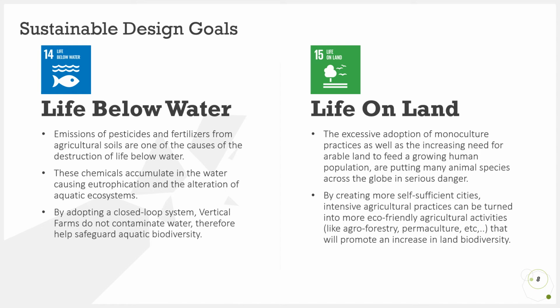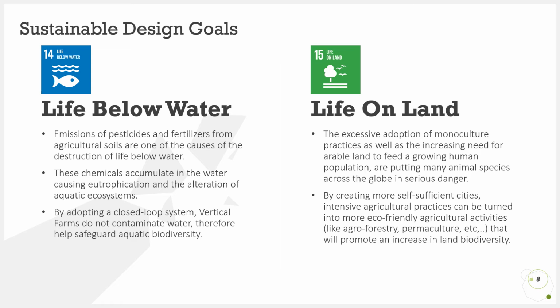So, life below water. Pesticides and fertilizers from agricultural soils are one of the causes of destruction of life below water, and these chemicals can accumulate in the water, causing eutrophication and alteration of aquatic ecosystems. By adopting a closed loop system, vertical farms do not contaminate the water at all and therefore help safeguard aquatic biodiversity. And life on land.